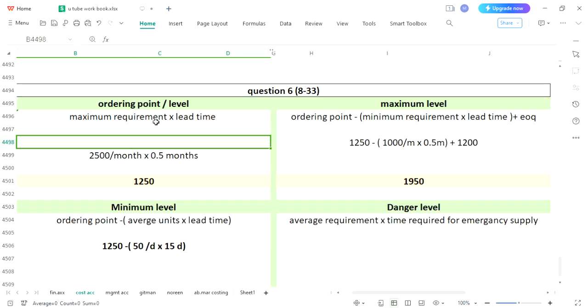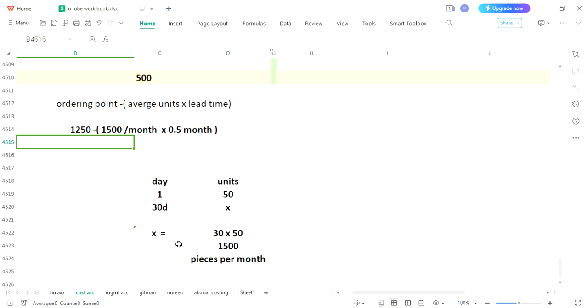Earlier we solved this minimum level on a daily basis, and now we are going to solve this question on a monthly basis. So here we will calculate 1500 multiplied by 0.5, and keep it in mind, the answer would be the same no matter if you are doing it on a monthly basis or on a daily basis. Your answer would not be altered or changed.